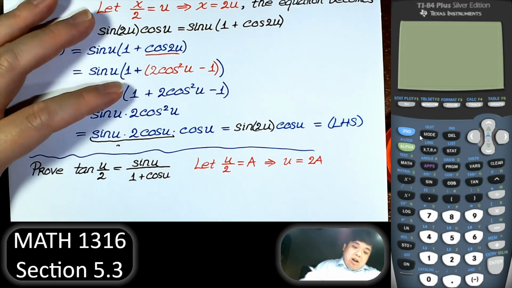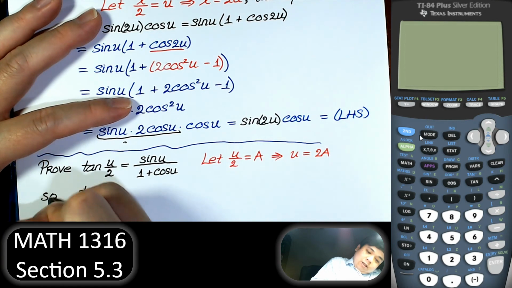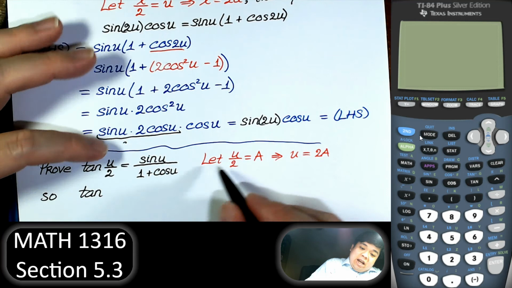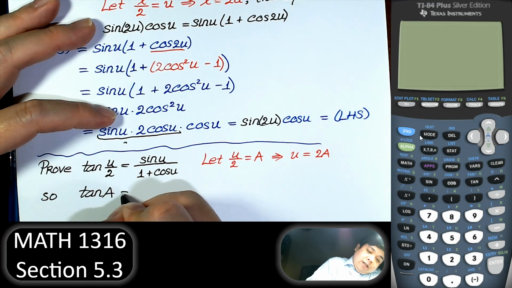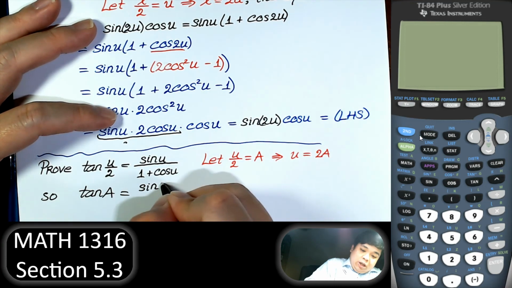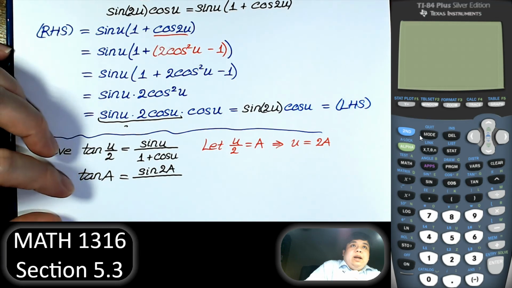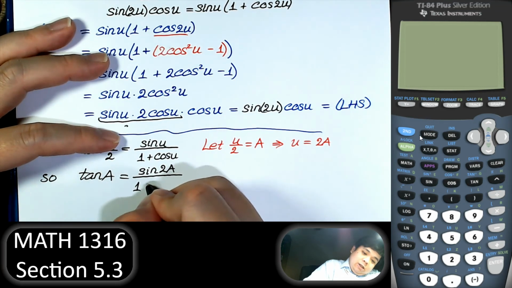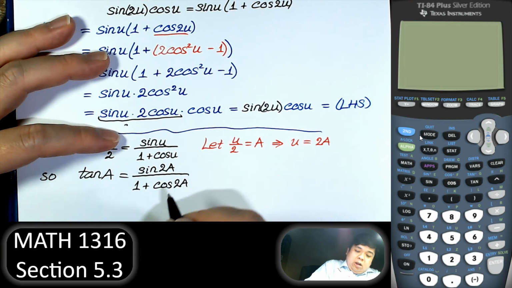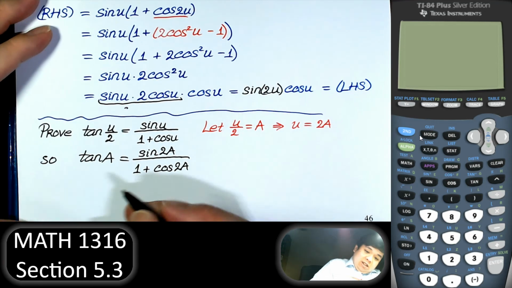So the identity becomes tangent of... if we let that be the case, then tangent of u over 2 is tangent of a equal to sine of u, u is 2a, and 1 plus cosine u, u is 2a. Right. Obviously, we start from the right hand side because that's a little more complicated.